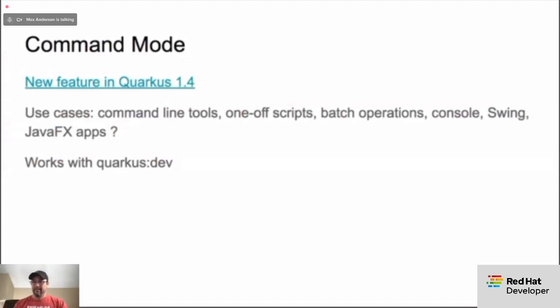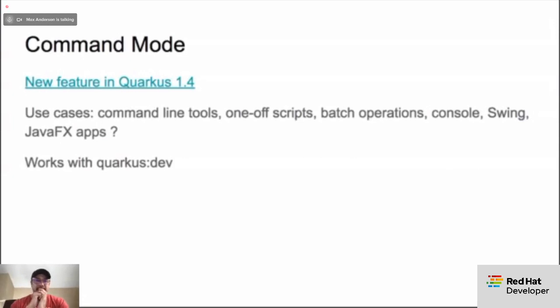You can do batch operations, and if you want to go really crazy, you can run Swing and Java apps if you wanted to. But for us, the main focus is allowing you to run these apps, having access to as rich an API as you want in a plain app.